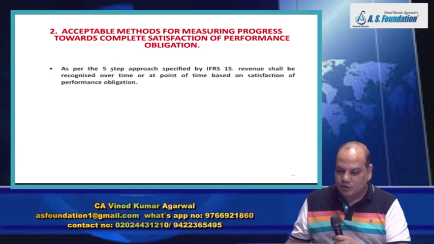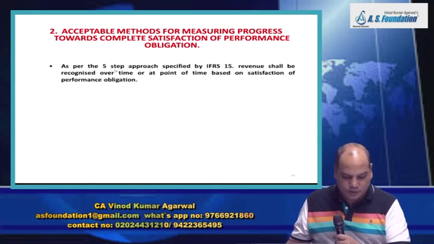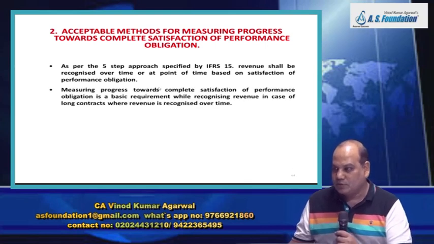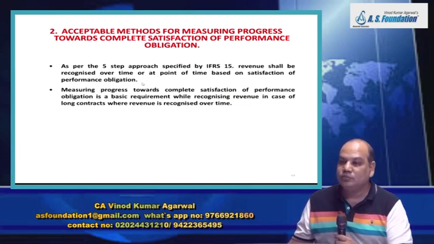So, as per the 5-step approach, revenue shall be recognized either over time or at a point of time based on satisfaction of the performance obligation. Okay? So, 2 methods are allowed, at a point of time or over a period of time.